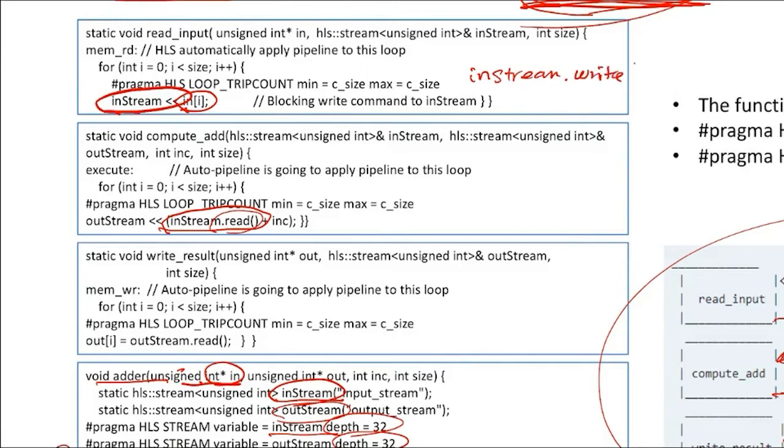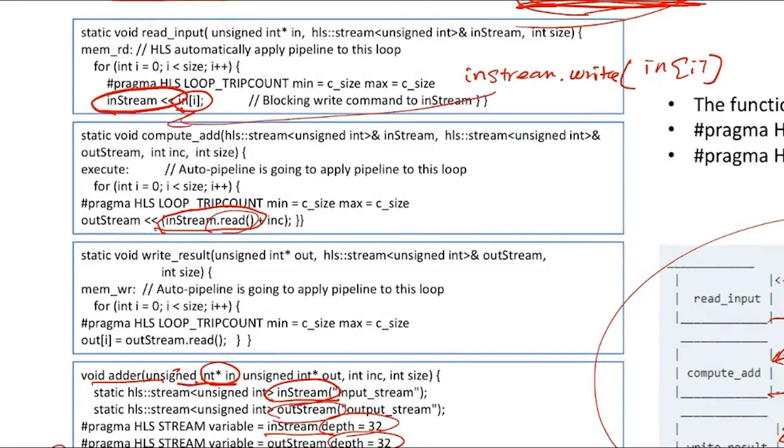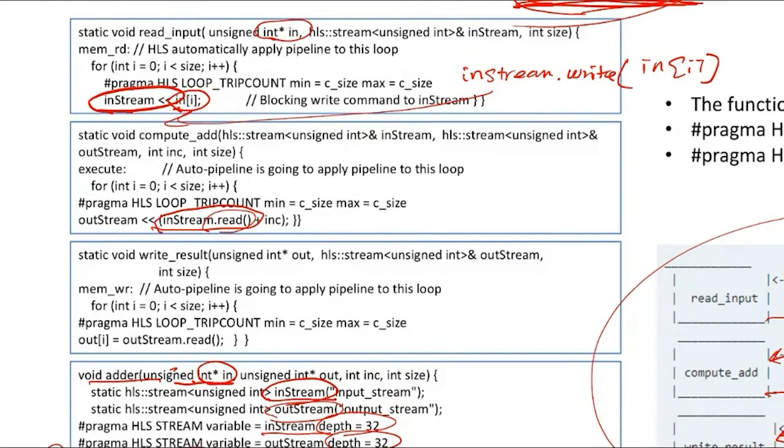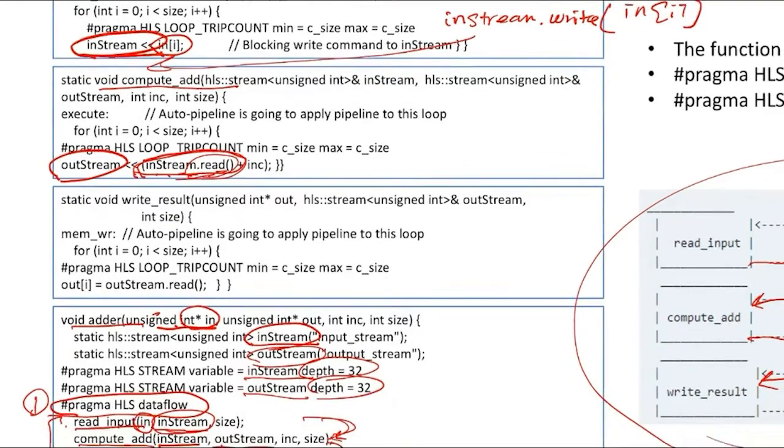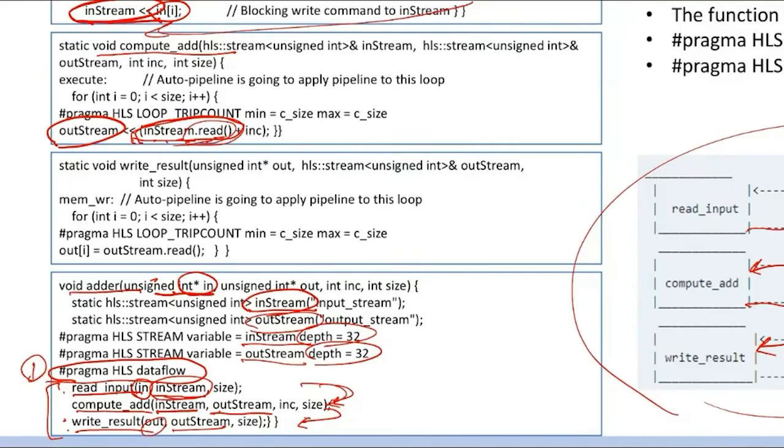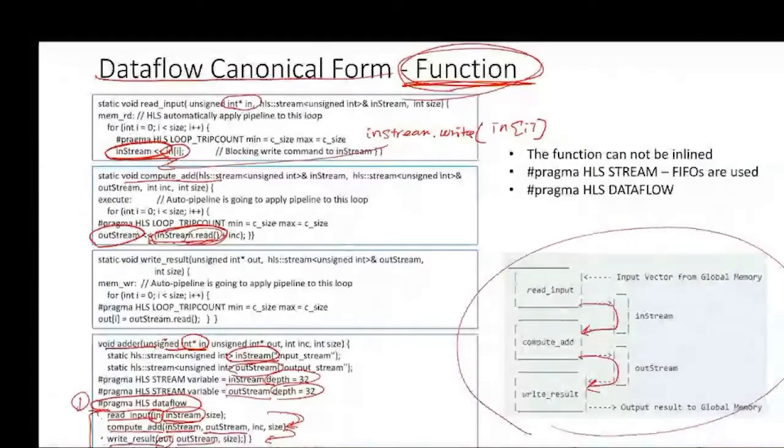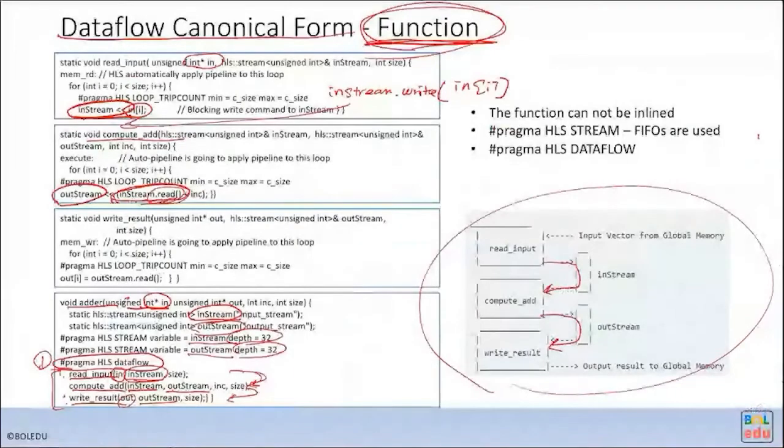For write, you put the in I. These two are equivalent. For read input, you read from external memory, and then you push to the in stream. And for the next function, you read from the in stream and push to the out stream. Okay, this looks very simple, right? So that's the use of data flow in function data flow.